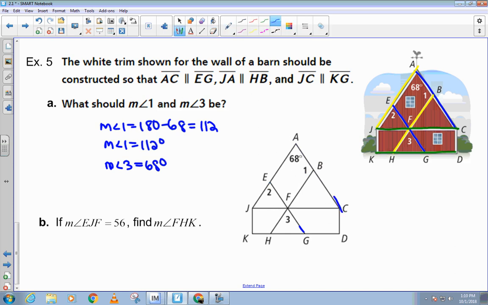So, that may be what he was trying to say. So, this 68, look at this, no, alternate exterior, I don't think so. Now, another thing you could have done is you could have looked at these two lines cut by this transversal, and these are corresponding.